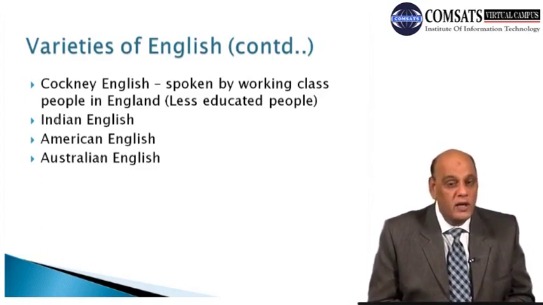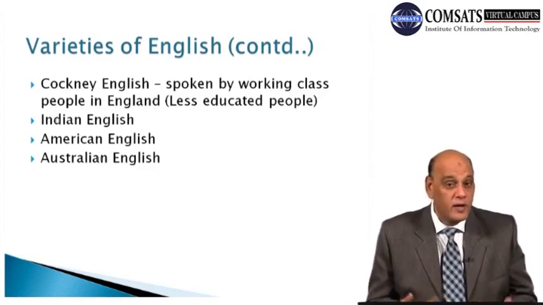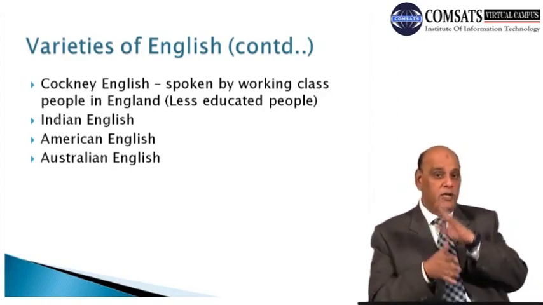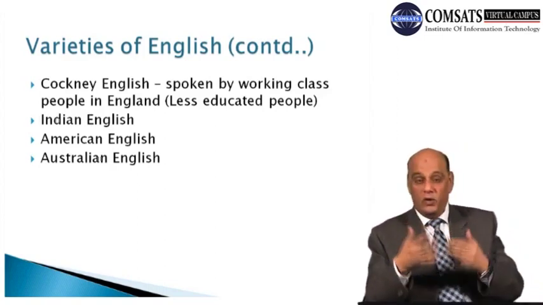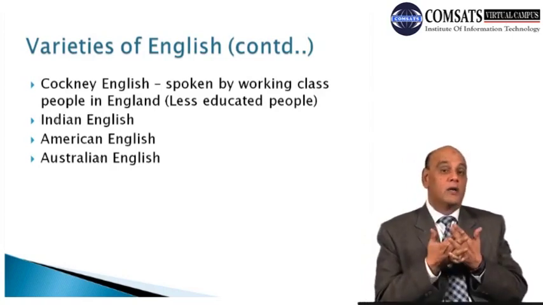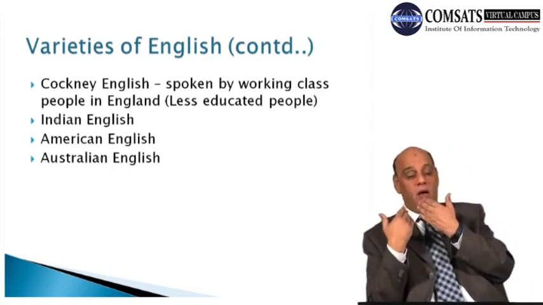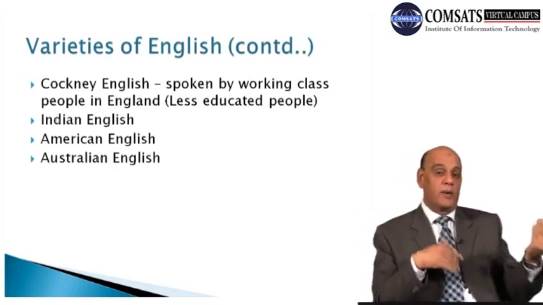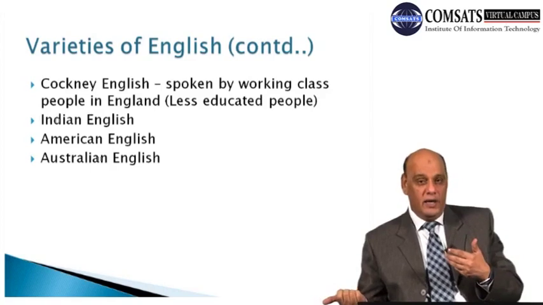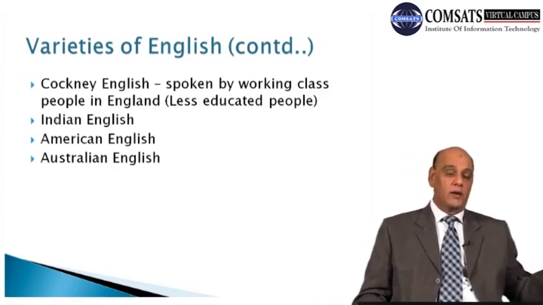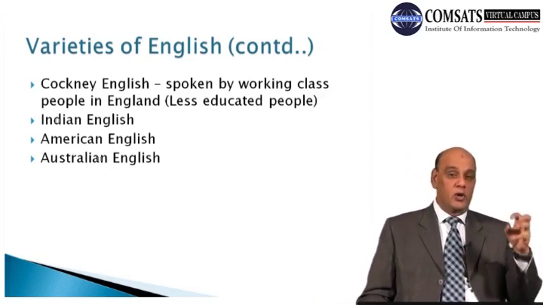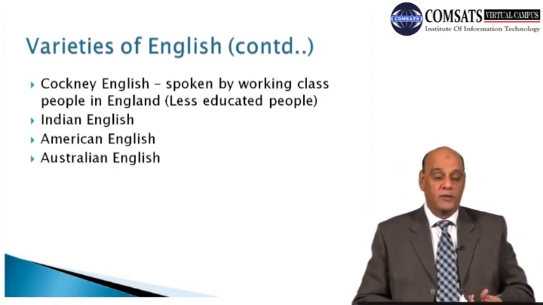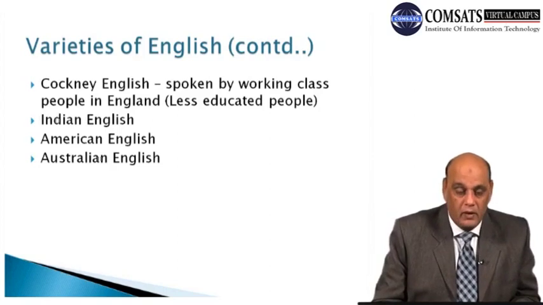American English and Australian English are two different varieties of English where there is a mixing up of sounds, where some words are not pronounced or not included in the sentence at all, or sometimes there is a mixture of two words coming independently from Hindi and English, or Urdu and English, and you link them and form a third word. That is a different variety.